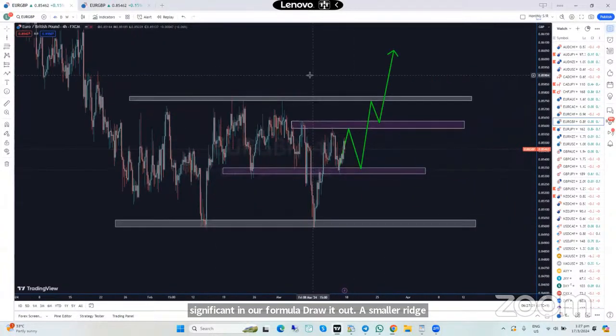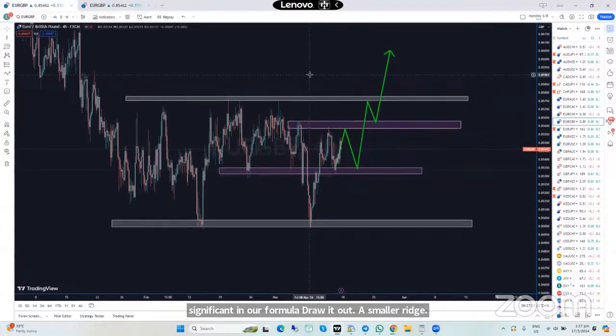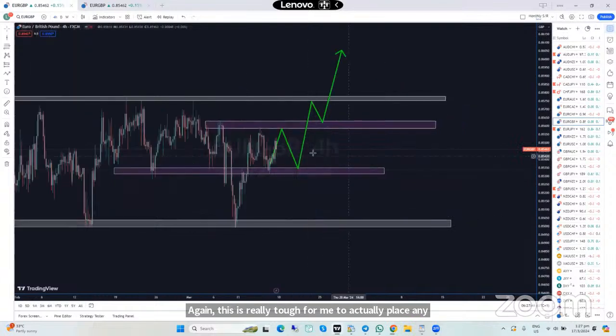So while waiting for the bullish trend to actually appear, again, it's really tough for me to place any trade at the bottom of the range. So instead, I'll wait for price to do a break and retest over here. Then I'll be much more comfortable entering.